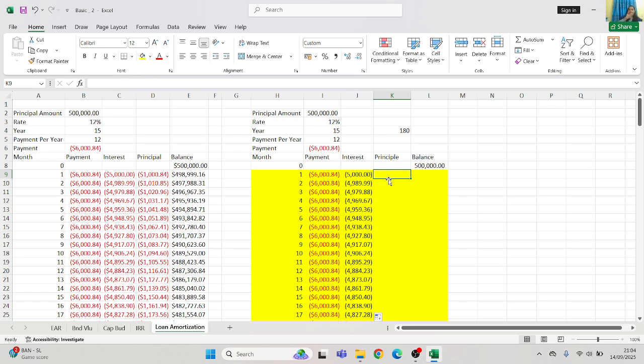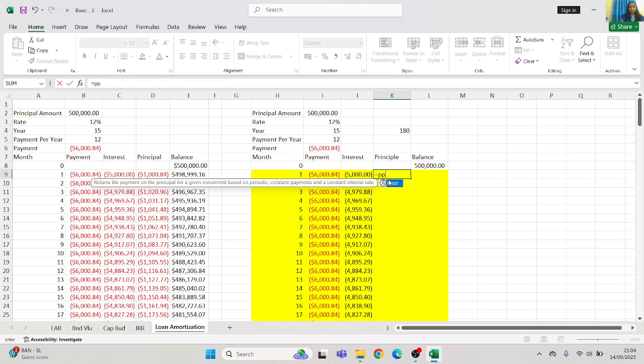Then we type equal PPMT to find the value of principal.